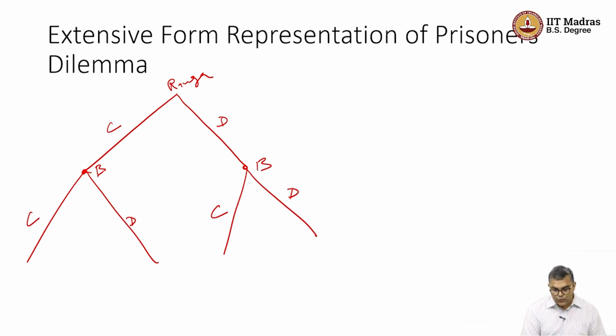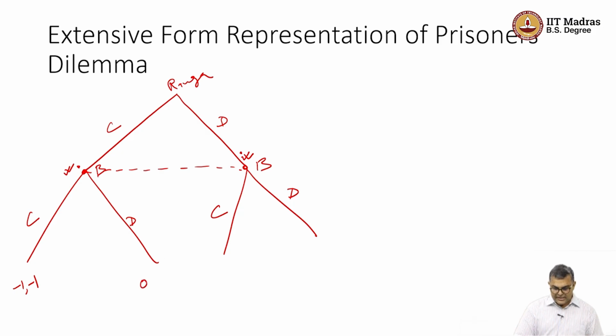So, we can use a dashed line to indicate that Billa is not able to distinguish between this node and this node. Billa knows that it is his turn to move, but whether he is on this node or on this node is not clear to him. The same game can be represented, of course, if they both confess, they both get -1 year.